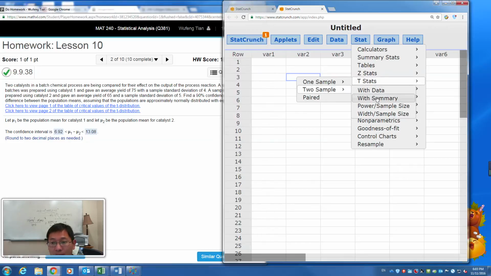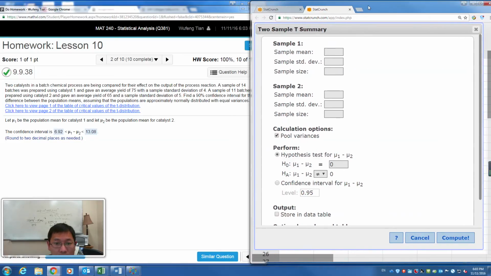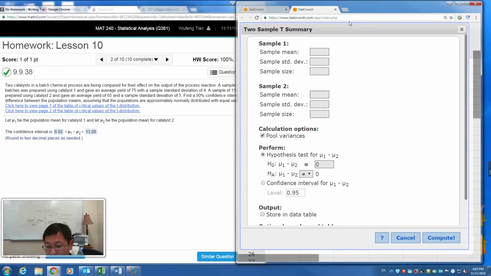So two sample with summary. For the first one, sample mean is 75, sample standard deviation 4, sample size 14. For the second one, sample size 11, sample standard deviation 5.65.